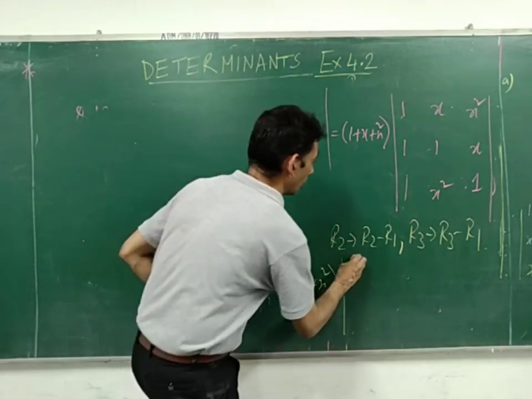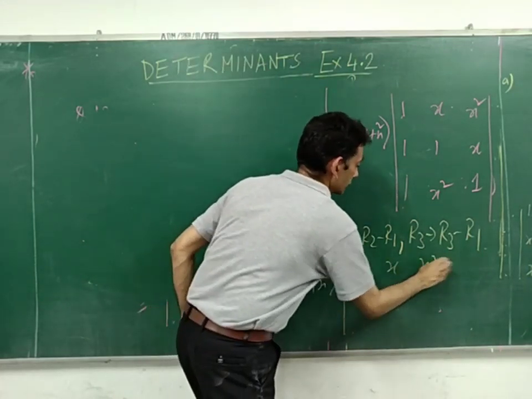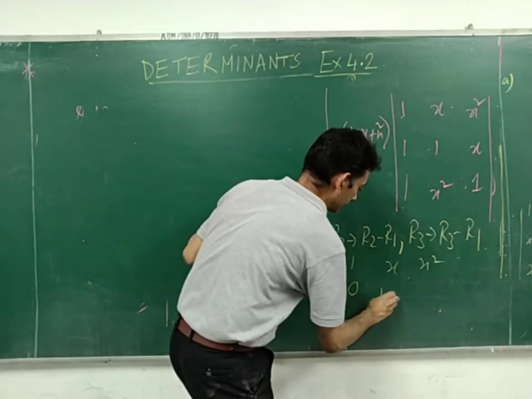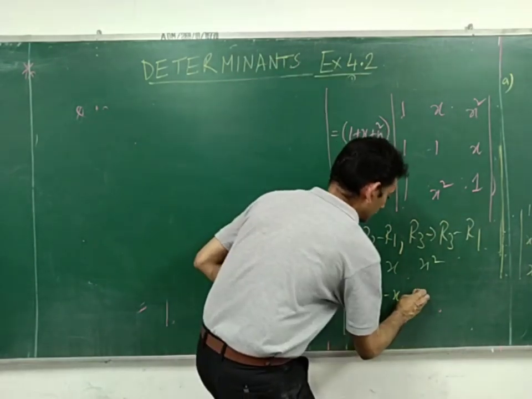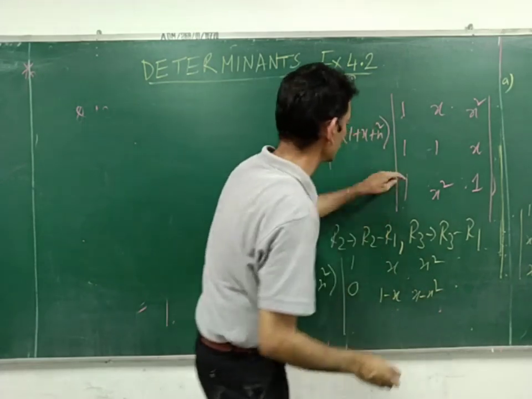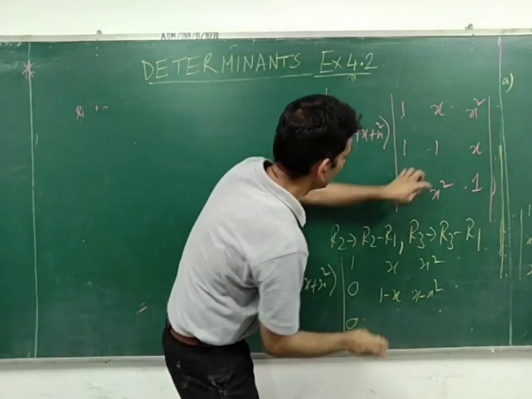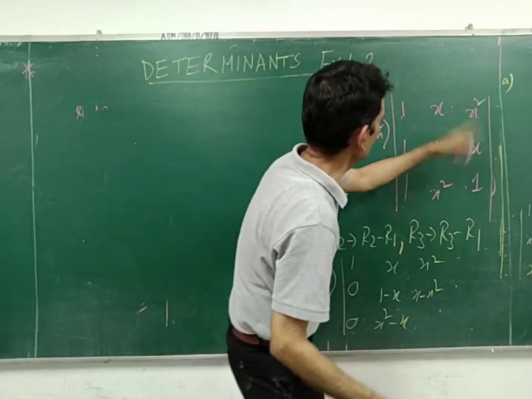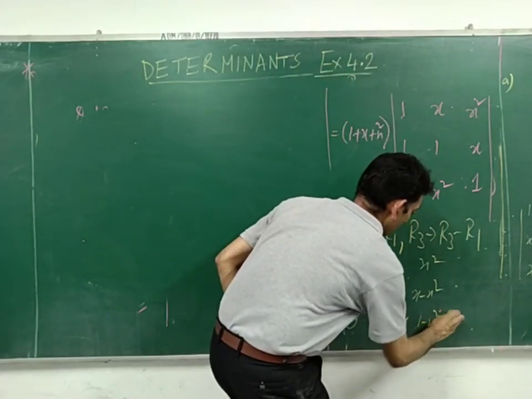Then it will be 1, x, x squared, and if you subtract, it will be 0, 1 minus x, and x minus x squared. Then 0, x squared minus x, and 1 minus x squared. Done.